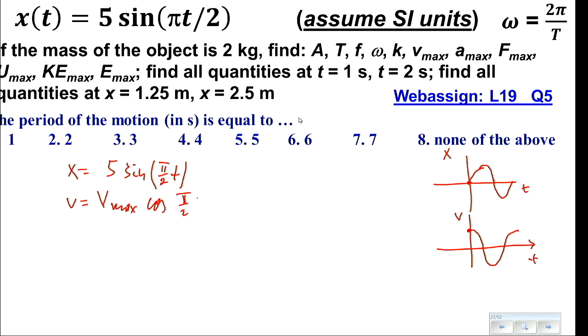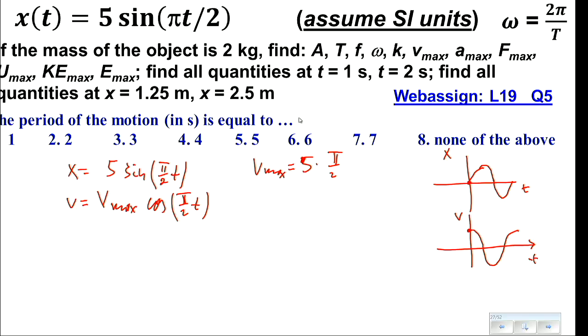They all have the same omega. And we know that V max, because it was on the previous slide, equals amplitude times omega, which is pi over 2, or wherever it is. 15 point something divided by 2, 7 point something meters per second. And with these equations, now you can calculate everything at any instant.